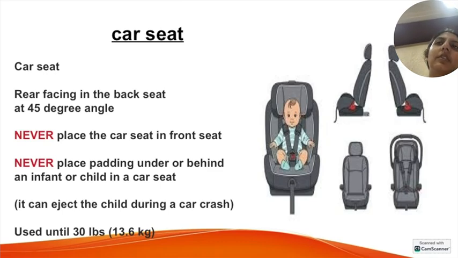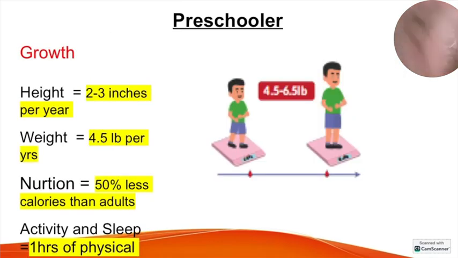Now coming on to preschooler. Height increases 2 to 3 inches per year, and weight 4.5 to 6.5 pounds per year.